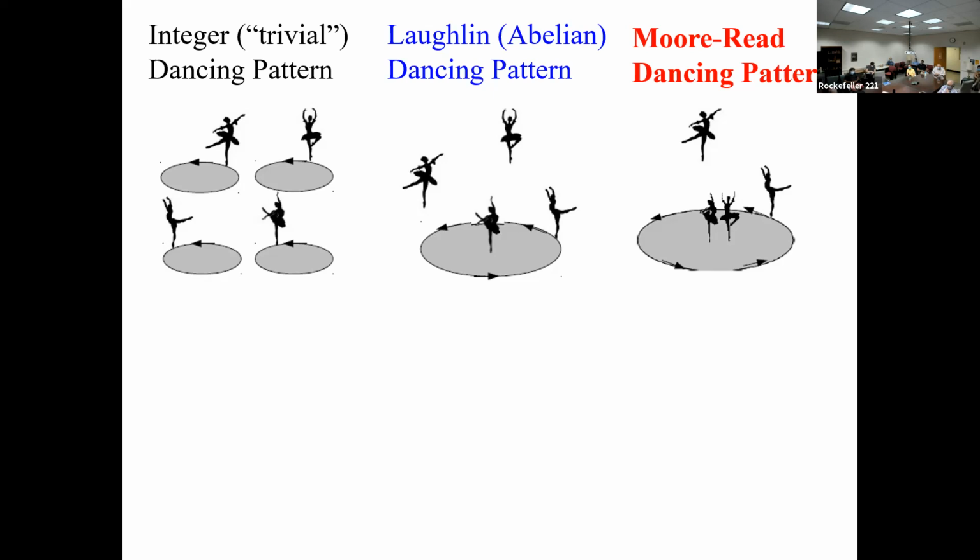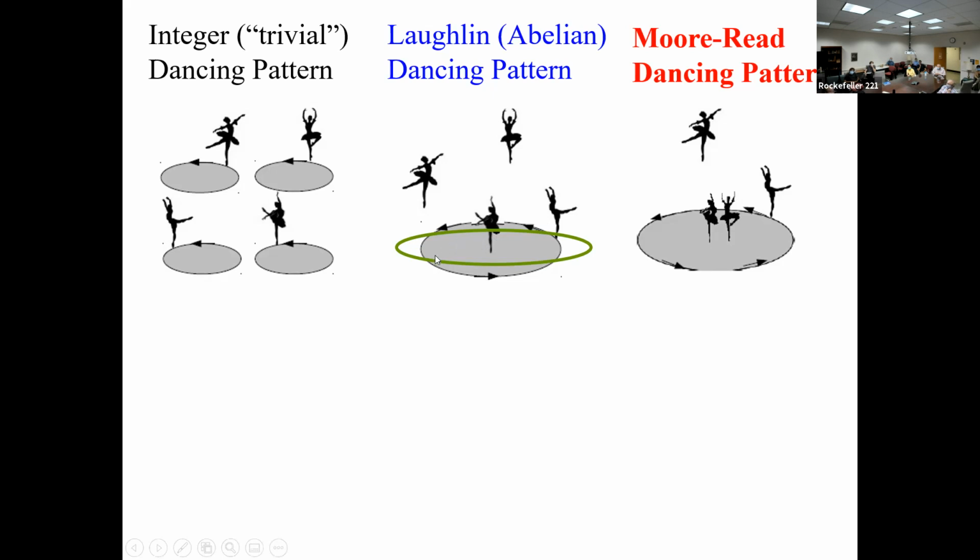Okay, so everything that I've been talking about so far, which has been more than half the time I'm supposed to use, is about the topological aspects. What about geometry? Well, as Haldane pointed out, this dancing pattern is not completely rigid. You can, for example, pictorially distort this loop, let's say from a full circle to an ellipse.